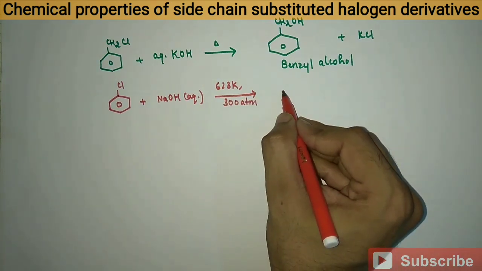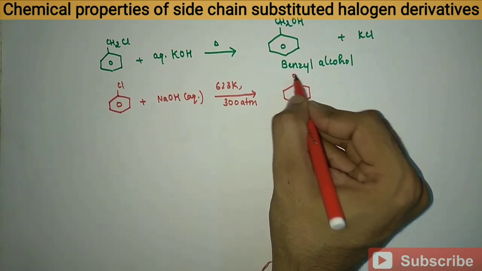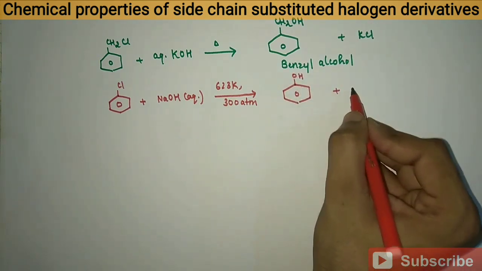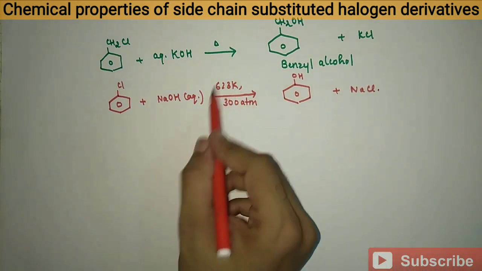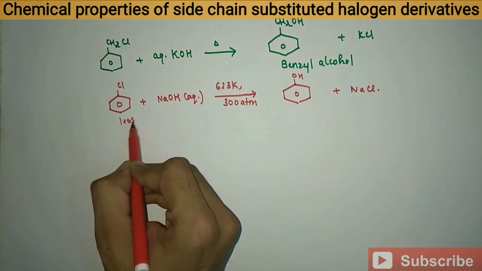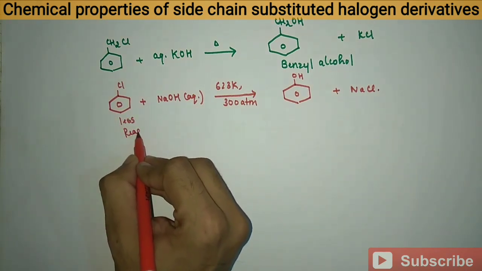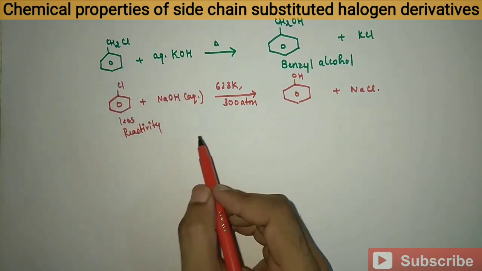Then only it can lead to the formation of phenol. So it requires more drastic condition. Why? Because of the less reactivity. Least reactivity of this haloarene as compared to the substituted one.